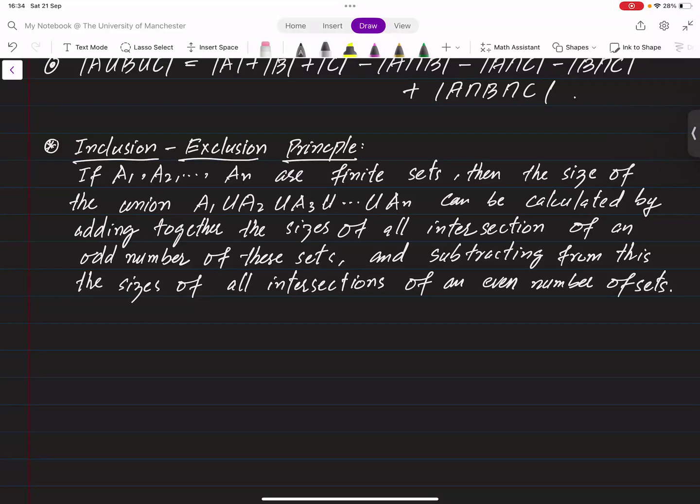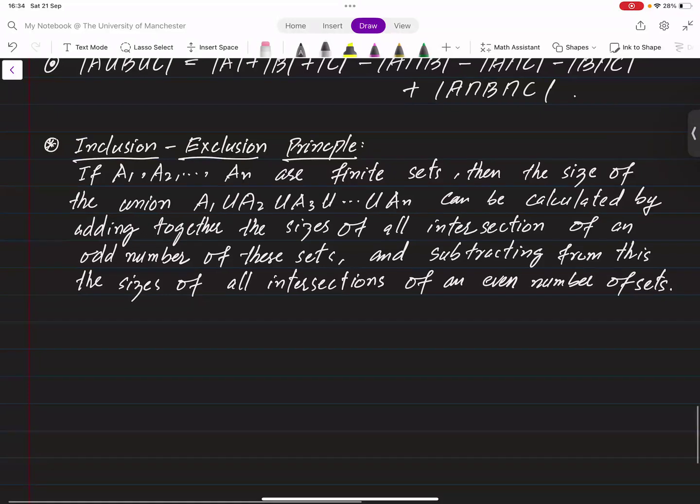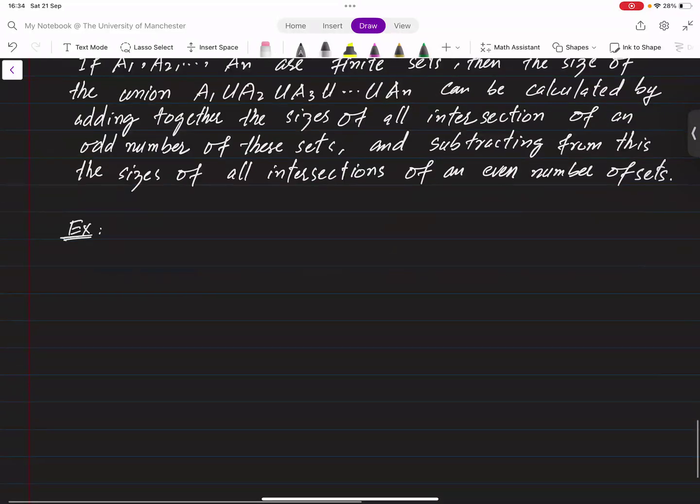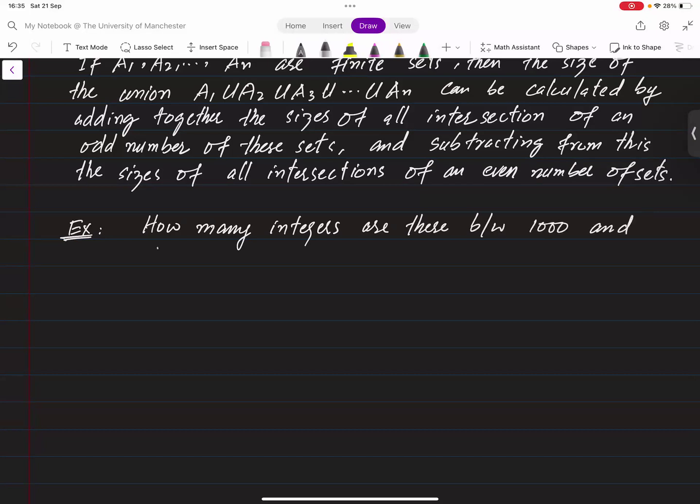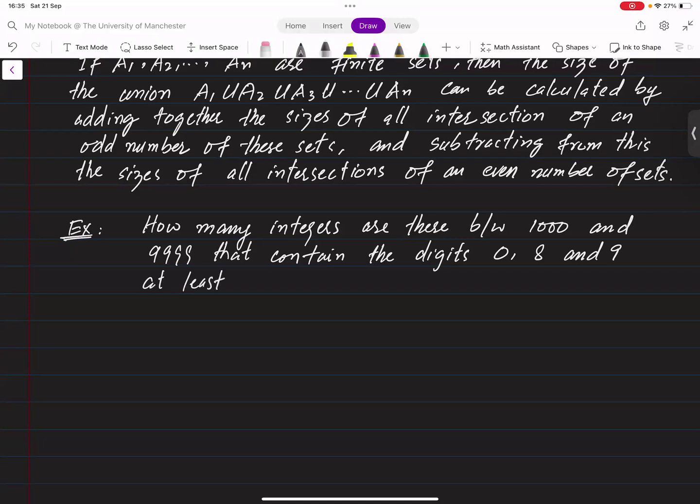Now you can ask the question: how many integers are there between 1000 and 9999 that contain the digits 0, 8, and 9 at least once each?